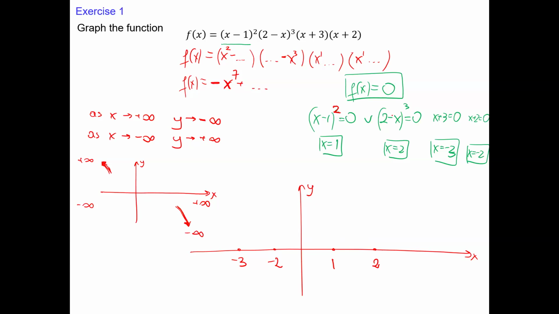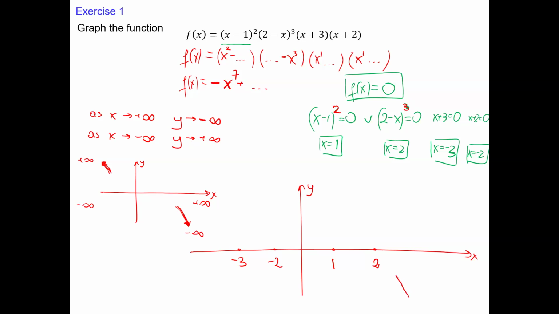When the x-intercept came from an odd multiplicity, then we can simply intersect, but we remember the cube will make the function a little bit flatter at that point. And for the single ones, -3 and -2, we have no problem, we can just simply intersect. Okay, let's start from below, because we know the end behavior.